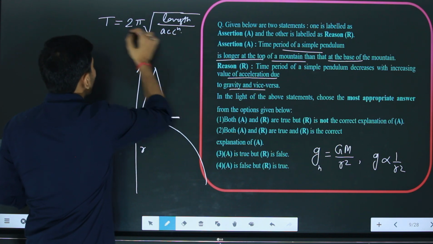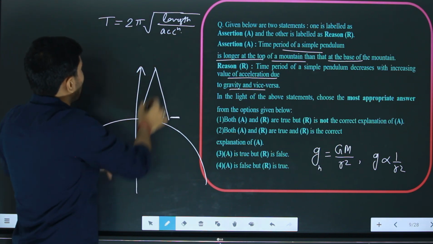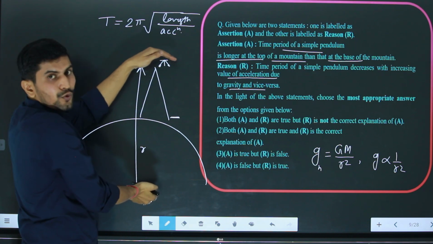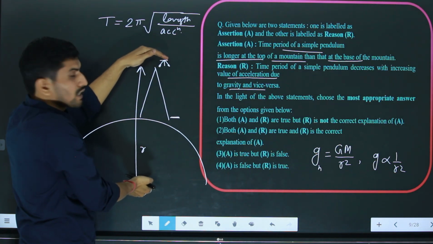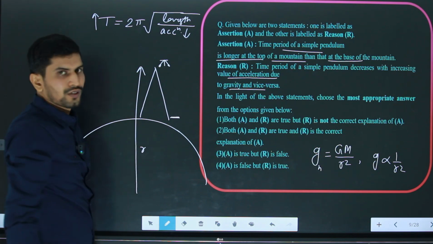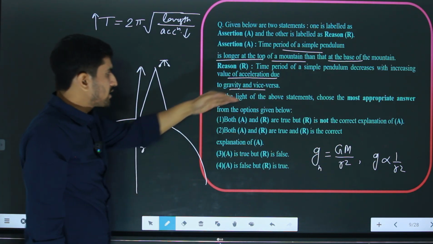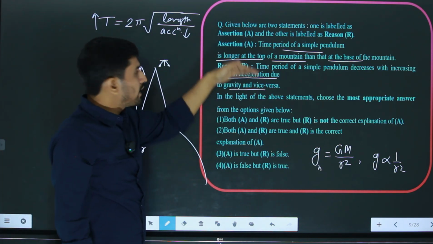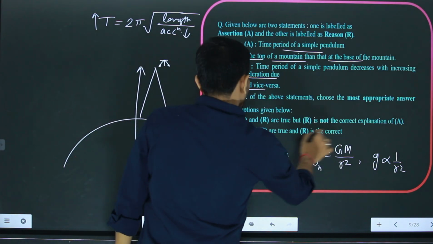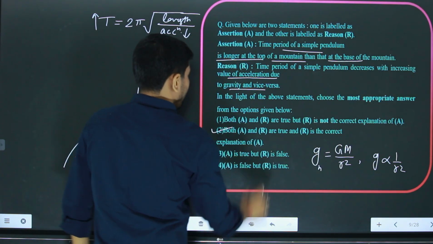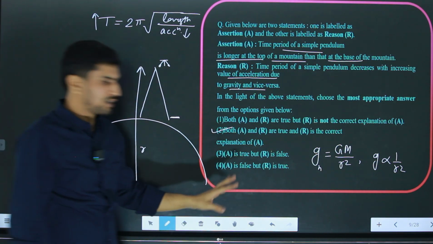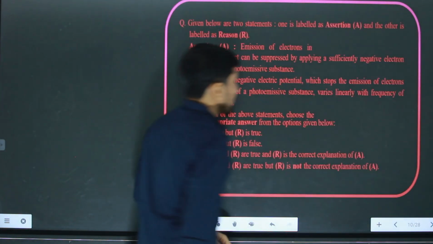At the bottom gravity is more, so time period will be less. But at the top of the mountain, the distance is more, which implies acceleration is less and therefore time period is more. Both the statements are correct and the reason is successfully supporting the assertion. Therefore, the correct option will be option B, option 2. Both statements are correct and reason is correctly explaining the assertion.